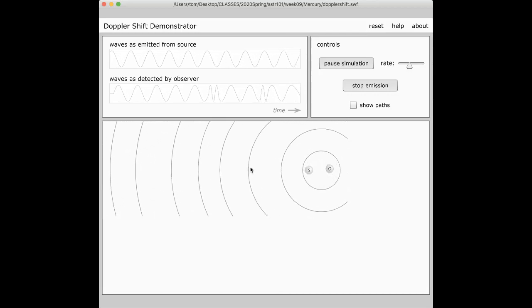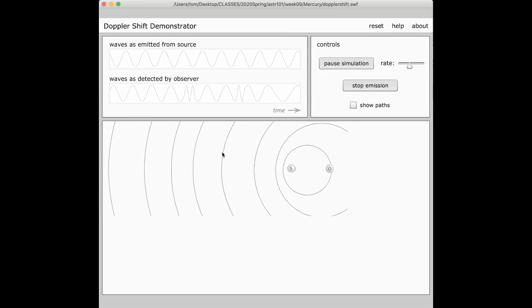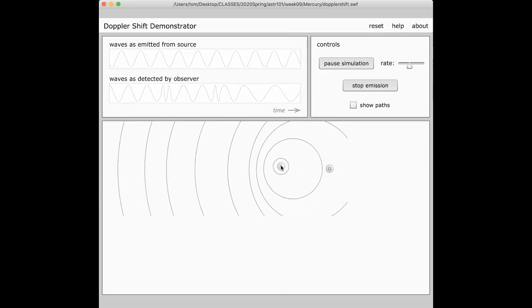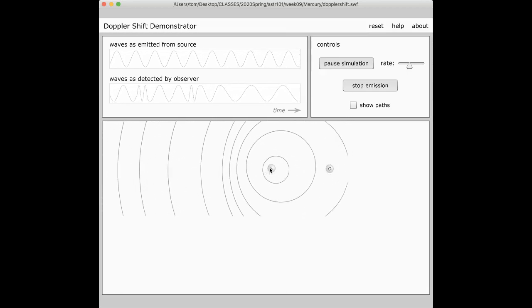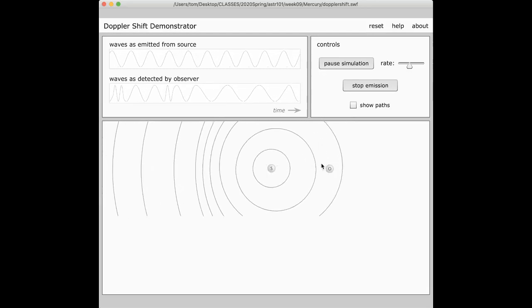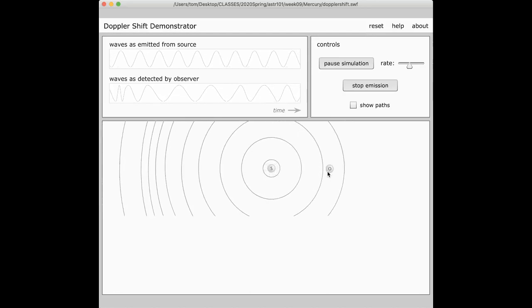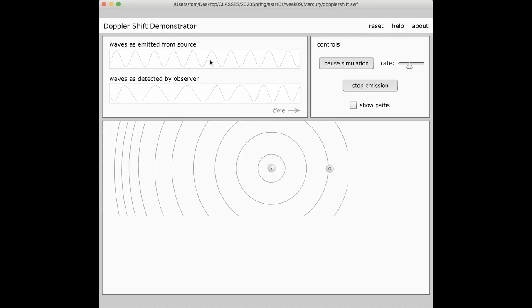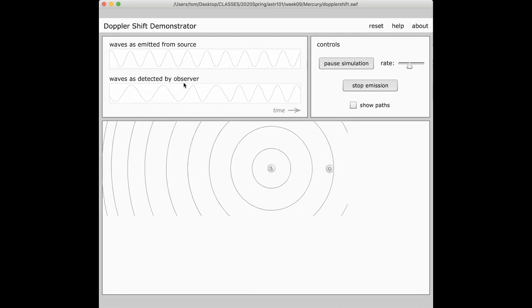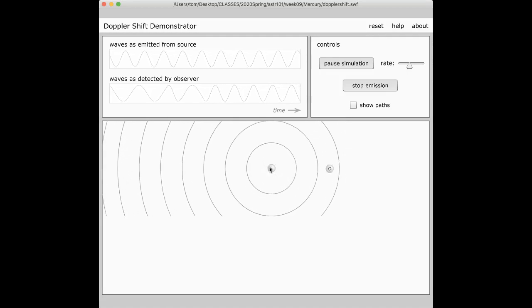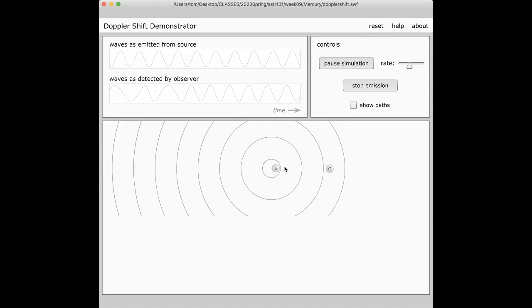And that's the key first principle from the Doppler effect. Let me let you watch one more, then I'll summarize for you here. So hopefully you saw that these waves, the so-called wave fronts, hit the observer more frequently when I'm moving towards the observer. Now look up here for the waves detected by the observer. I'm going to do the same thing again and push the source towards the observer.